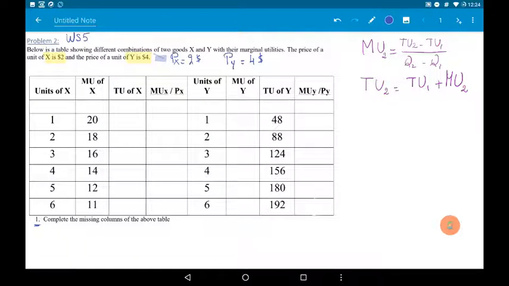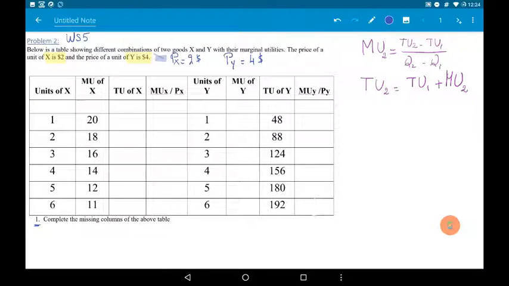So we have the units of X, so quantity of X, 1, 2, 3, 4, 5, 6. Marginal utility of X. For unit 1, marginal utility is 20. For unit 4, marginal utility is 14.